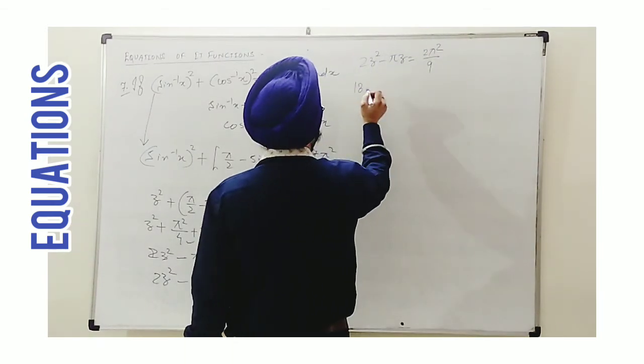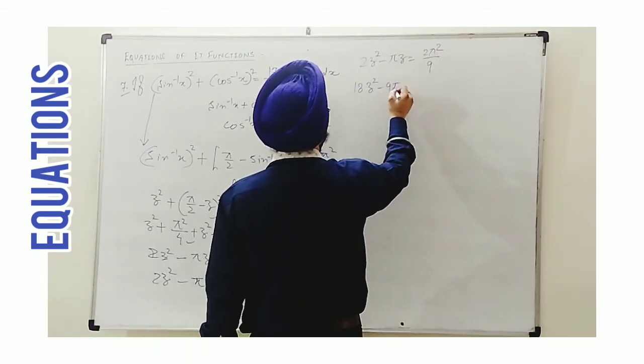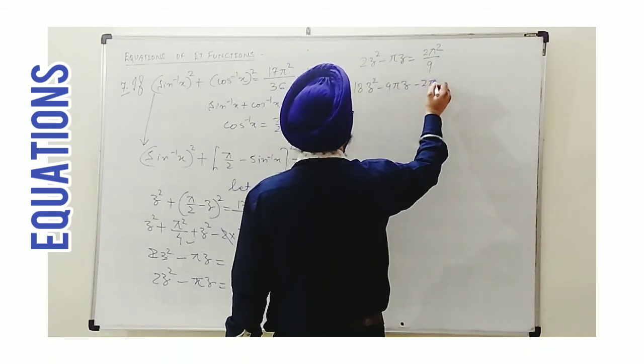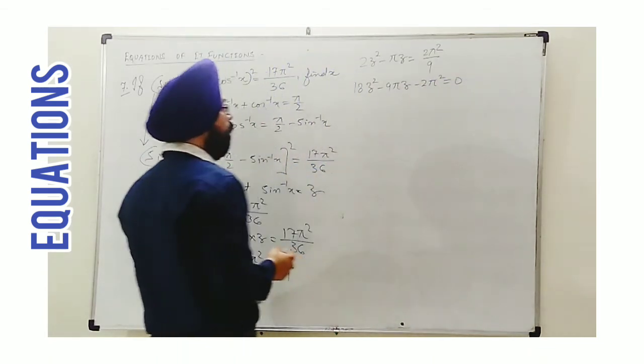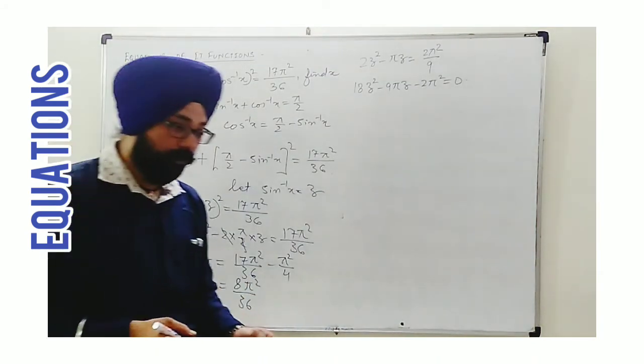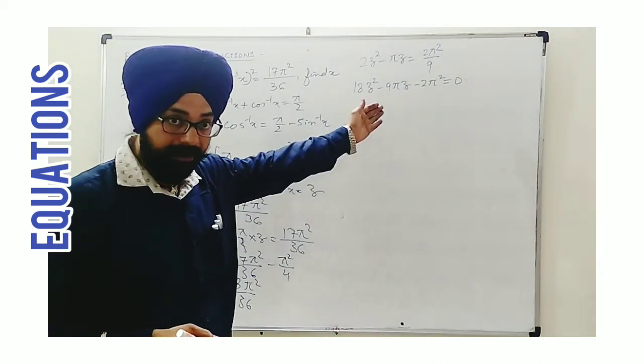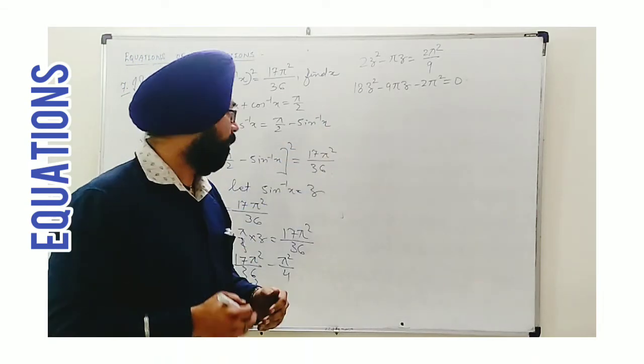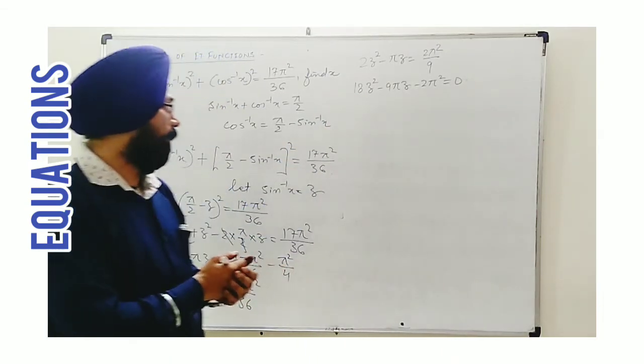Also 18z square minus 9 pi z minus 2 pi square equal to 0. Here this becomes a quadratic equation where you can treat pi as a constant. You can see the constant term is having pi, so that also will remain constant only.